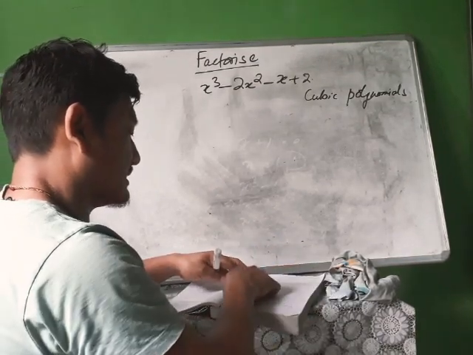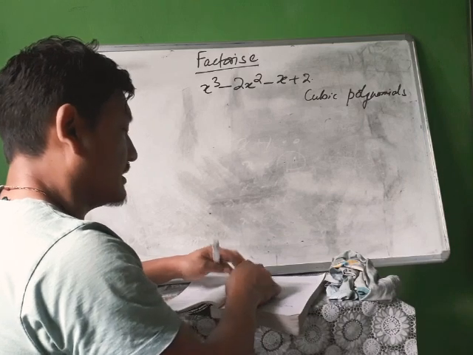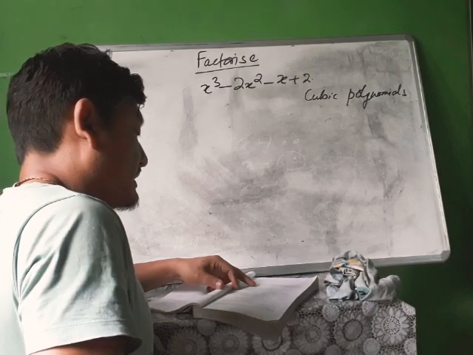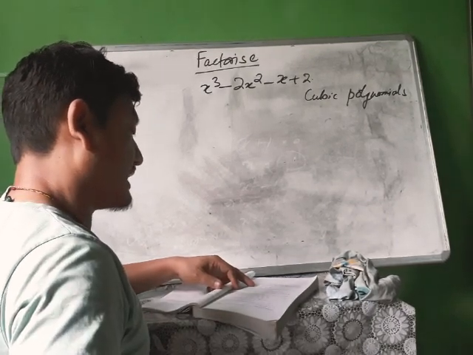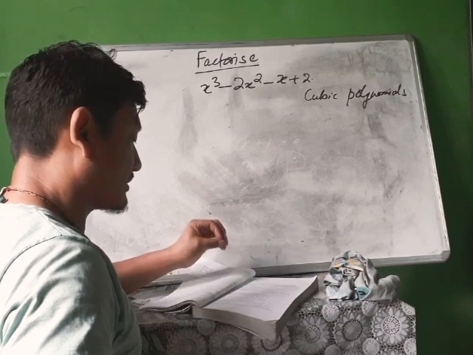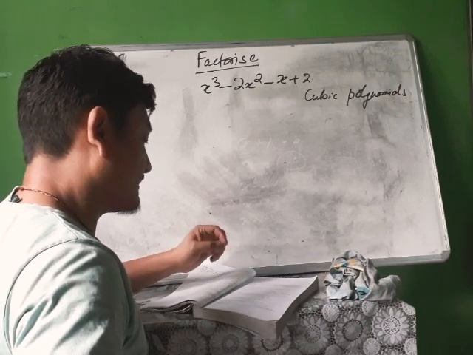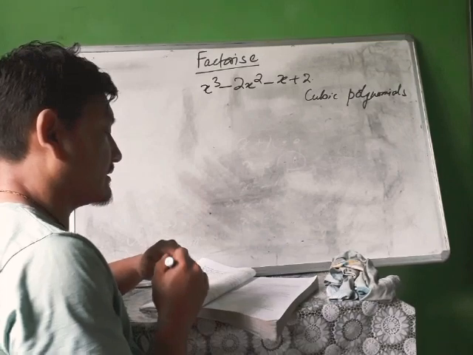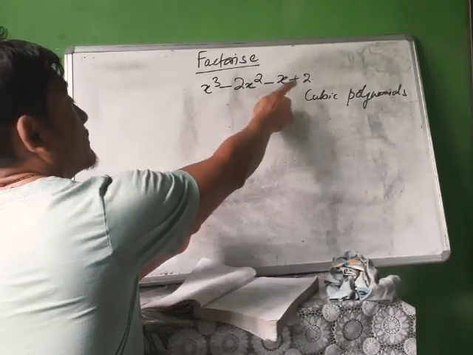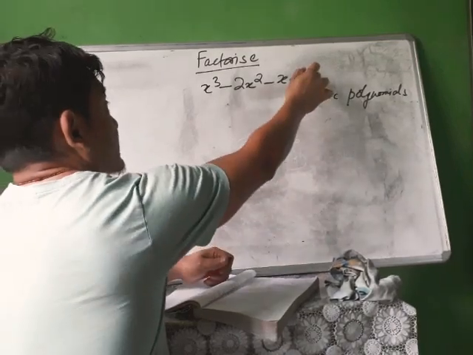In example number 15, the question given is x cube minus 23x square plus 142x minus 120. So how are you going to do it? First of all, you need to find the factors of the last term. There are 4 terms: 1, 2, 3, 4. The last one is called the constant term.